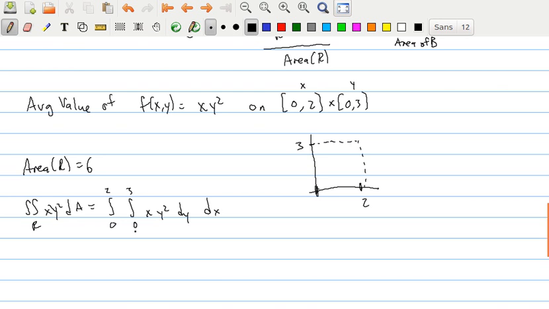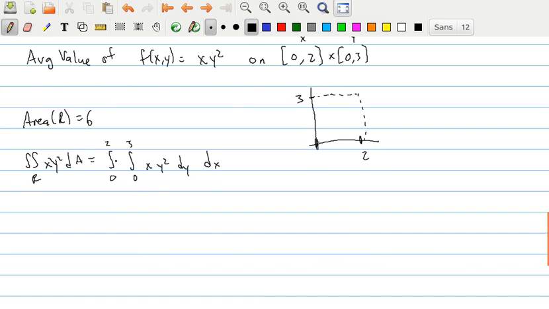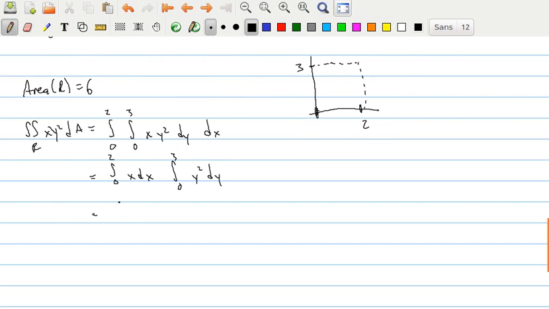The outer integral is 0 to 2, and that's my x. Now the limits of integration here are constant, and my function factors. So I can use the box theorem to rewrite this as the integral from 0 to 2 of x dx times the integral from 0 to 3 of y squared dy. And then these we can evaluate separately.